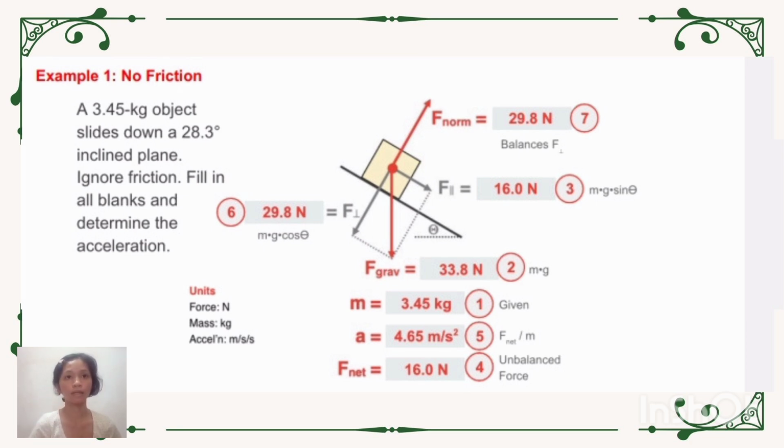So the next step is to find our parallel force, which is all we have to do is multiply our mass, 3.45 kg, times gravity, 9.8, times sine of our theta, or angle, which is 28.3.